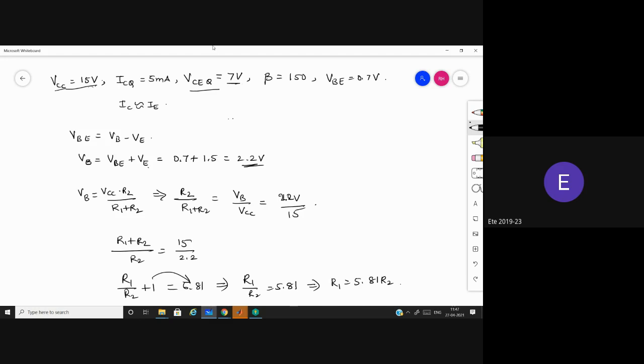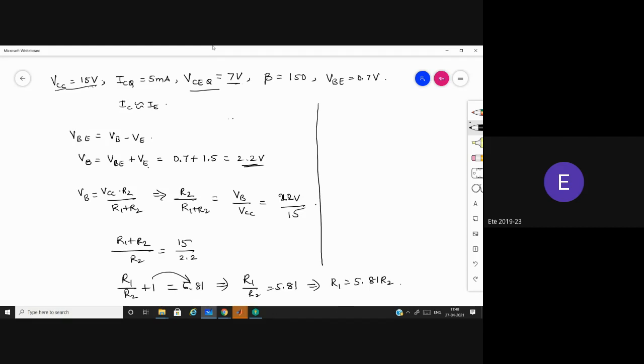Now both are unknowns in this case. Do we have any other method to find these unknown values? Sir, R2 we can find by the condition 1 plus beta into RE greater than or equal to... Very good, that is the correct answer.